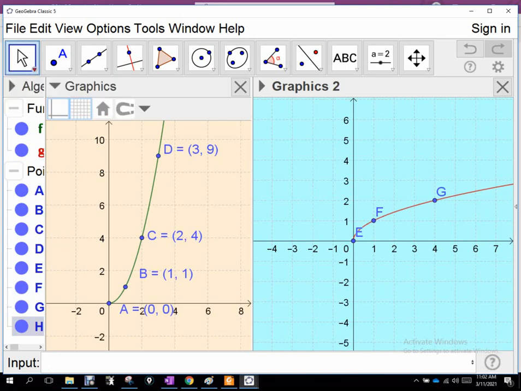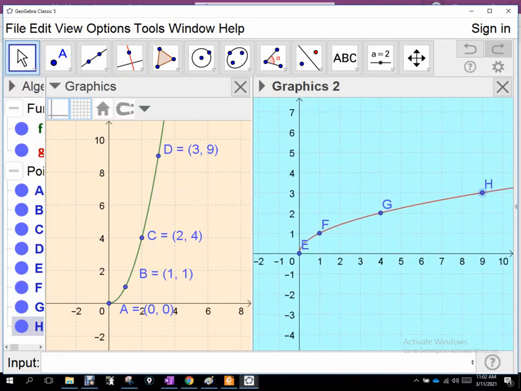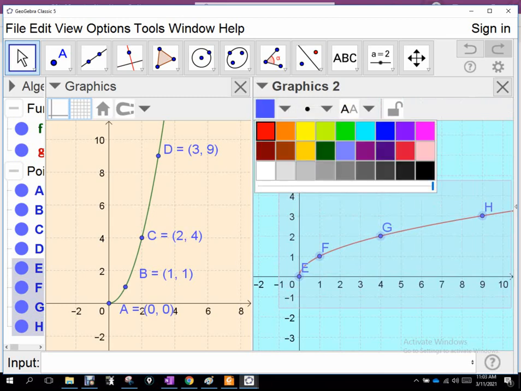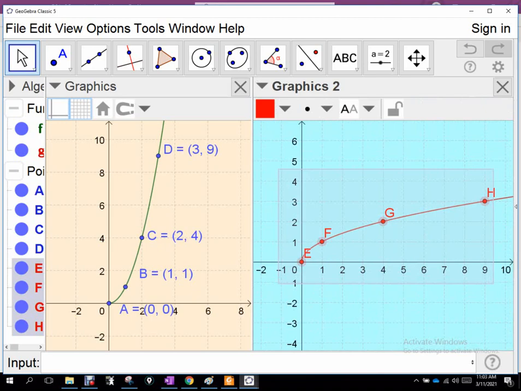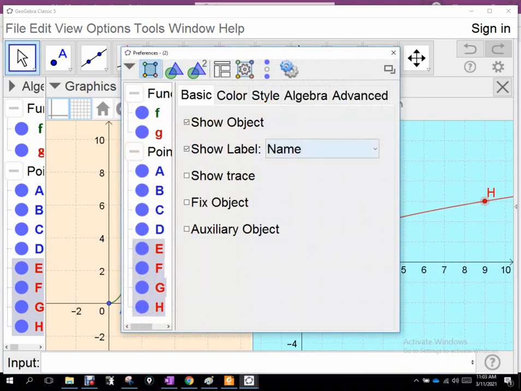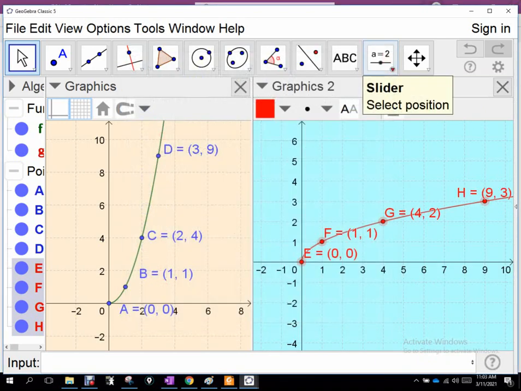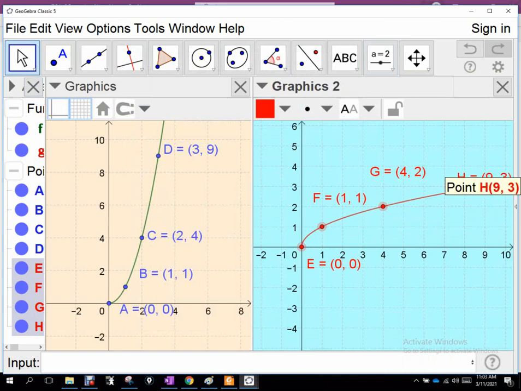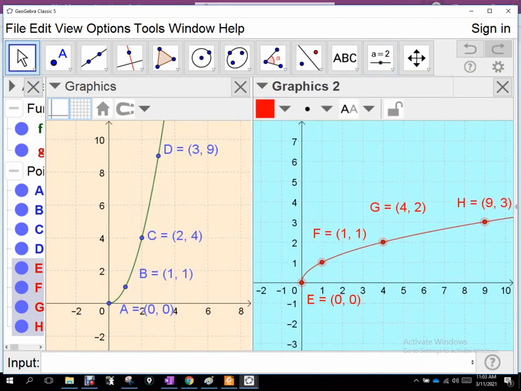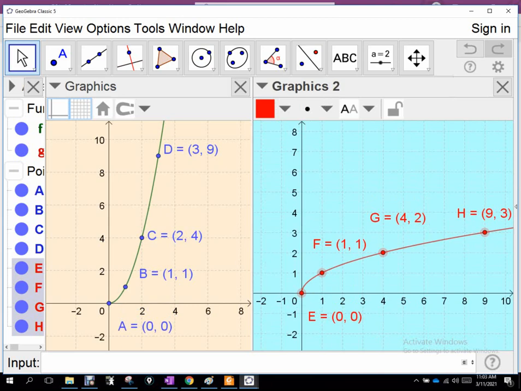So let's look at those points. How do the points on these inverses relate to one another? If I look at point A and compare it to E, they're the same thing, right?